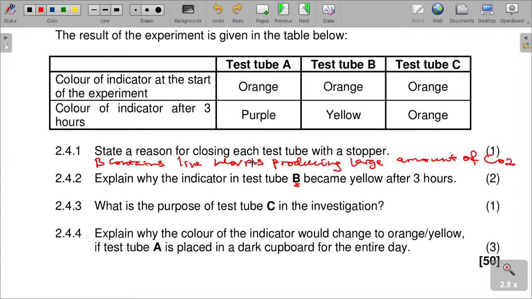I'm saying they contain live worms producing a large amount of carbon dioxide during cellular respiration, which causes the indicator in the test tube to what? To become yellow.